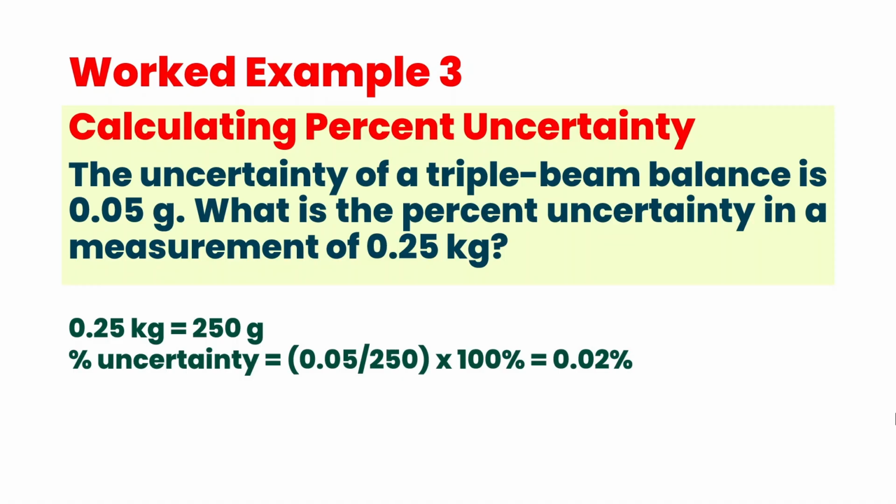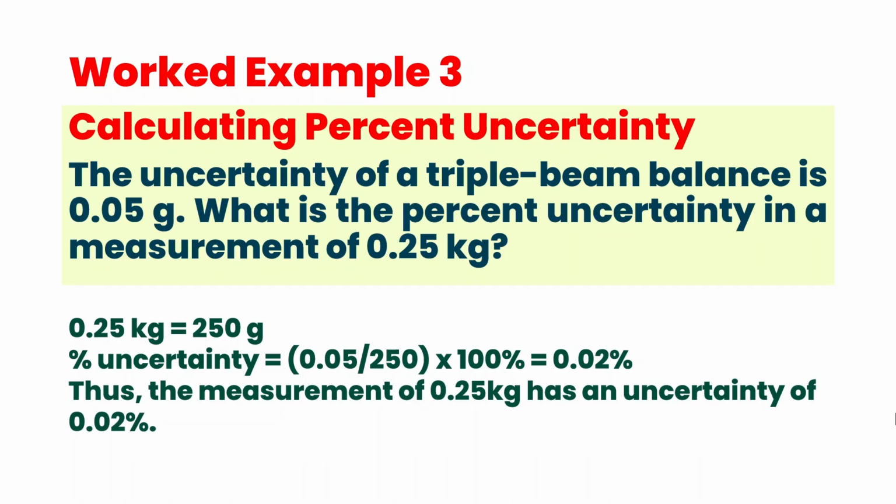From this point onward, we can substitute all the values in our formula. Percent uncertainty is equal to uncertainty divided by measurement. In this case, our uncertainty is 0.05 and our measurement is 0.25 kilograms in grams, that would be 250 grams, times 100%. The answer is 0.02%. Thus, the measurement of 0.25 kilograms has an uncertainty of 0.02%.